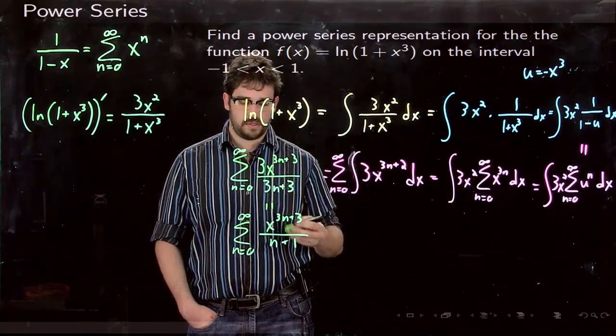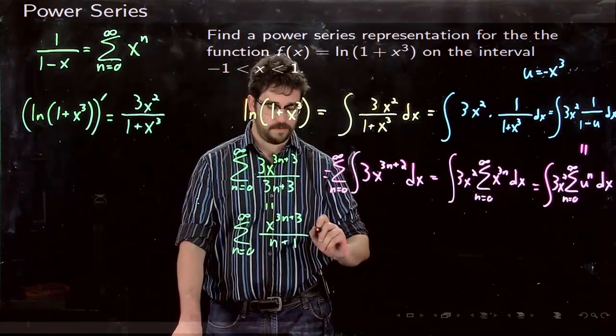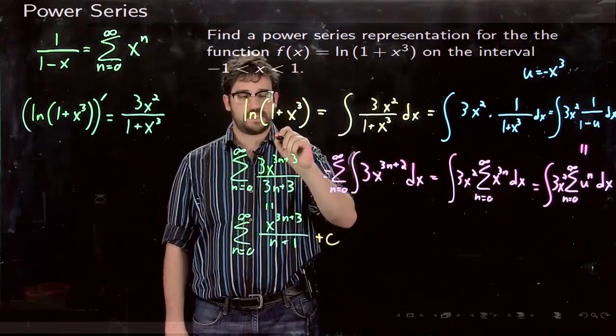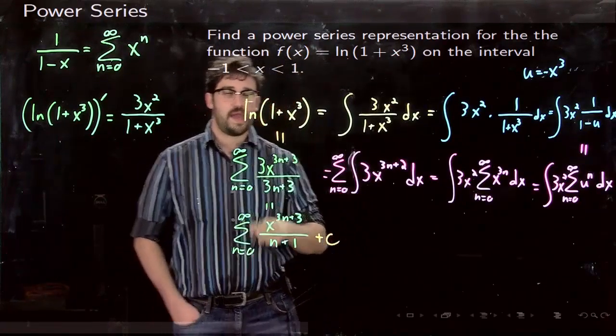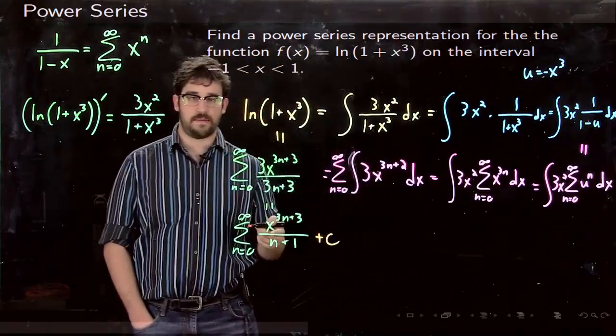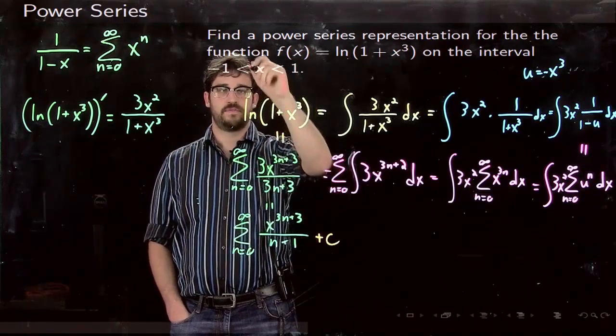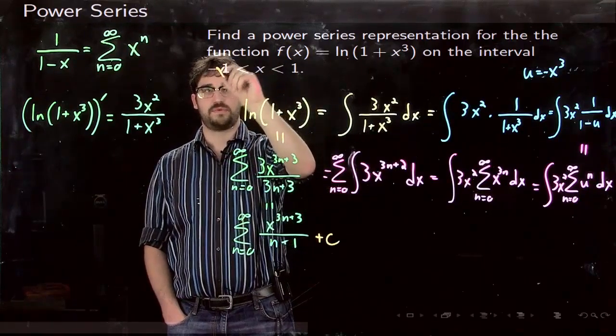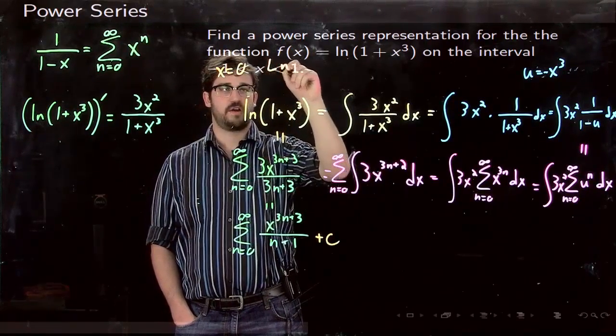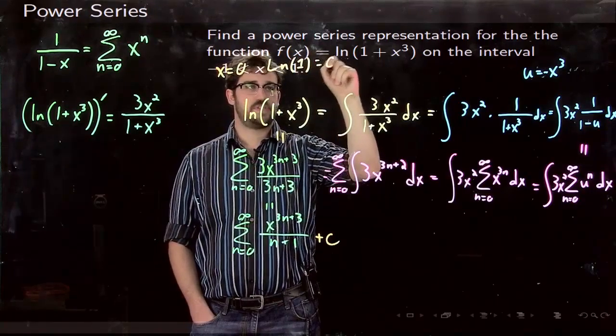So the actual antiderivative would be equal to this, plus a c value here, right? But since we want equality at all x values, they should be the same. So at x equals 0, you have natural log of 1, which is equal to 0.